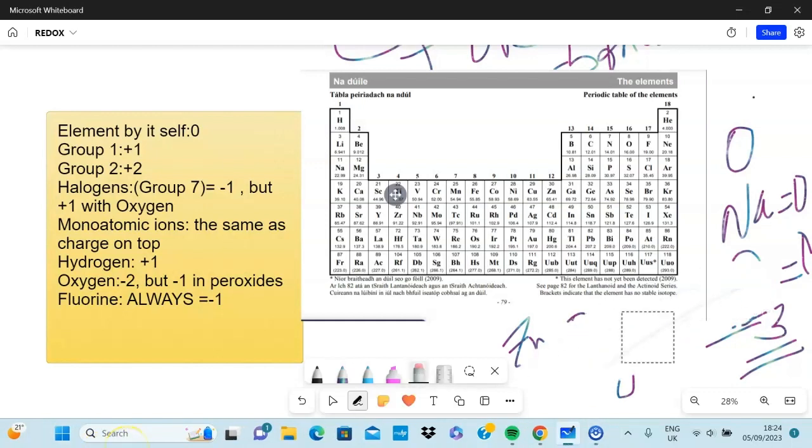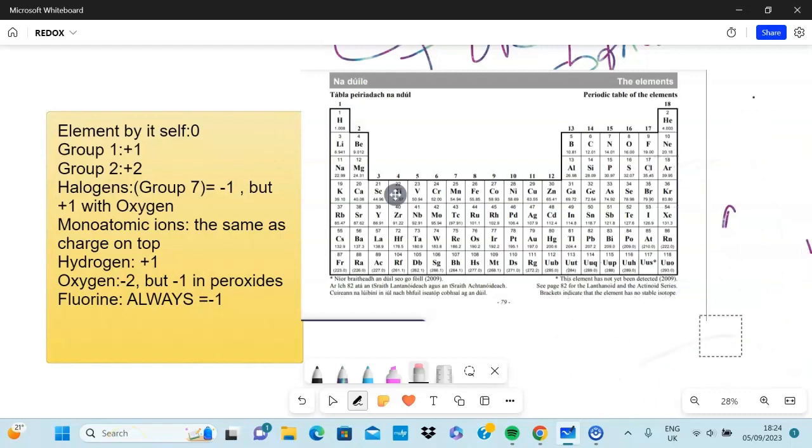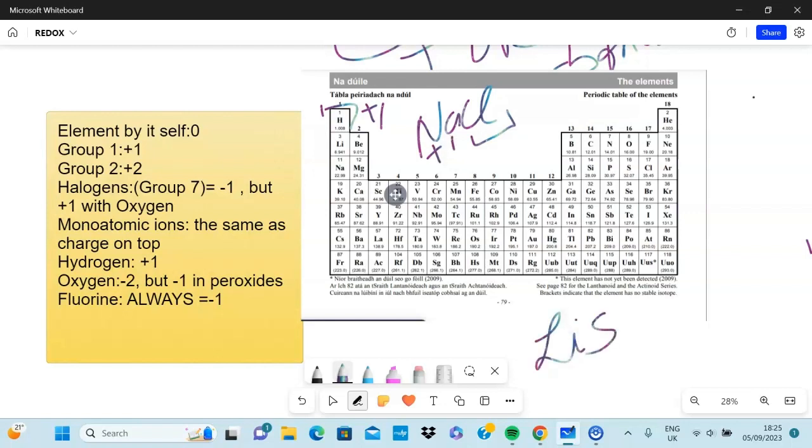Just like that, anything from your group 1, so group 1s are over here, that would be +1. So hydrogen is +1, lithium is +1, Na is +1, but not by itself. So that would be NaCl. Na would be +1 here. I'll talk about the Cl later. Whenever you see a compound, let's say lithium sulfide, if I'm right, this would be +1.